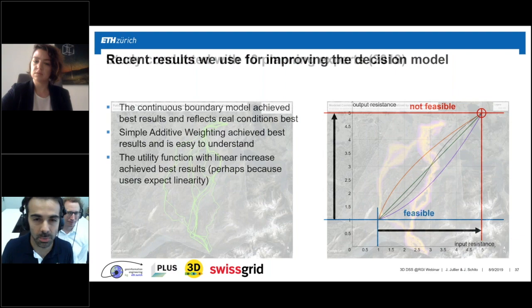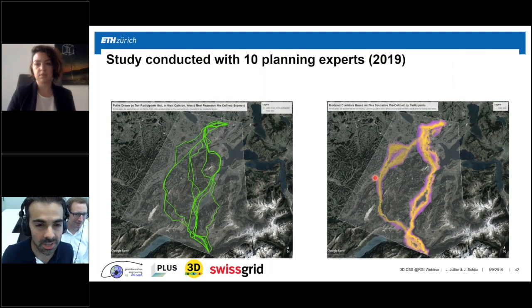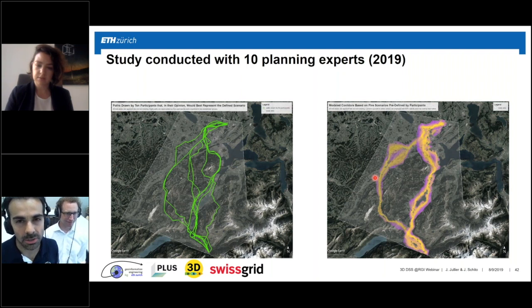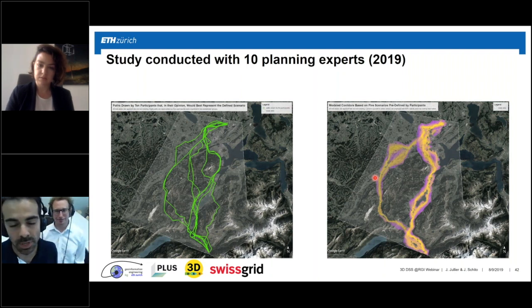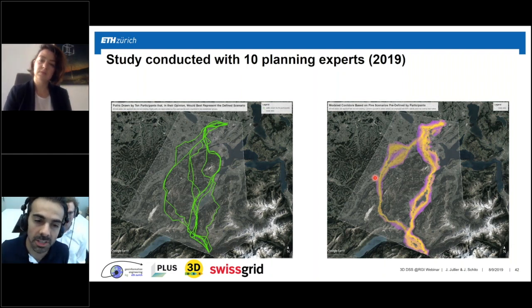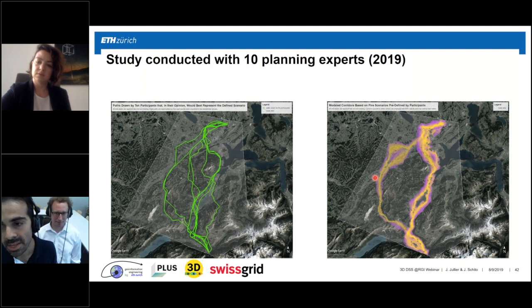We also conducted a study with 10 planning experts during the last months, and we asked the participants whether they could define an ideal scenario based on their personal interests. At the same time, we asked participants whether they could draw a line which they have in mind, which mentally represents their opinion best. There, you see all these drawn lines on the left side.